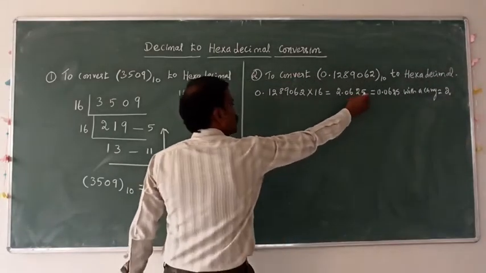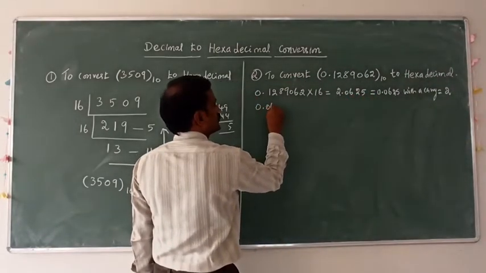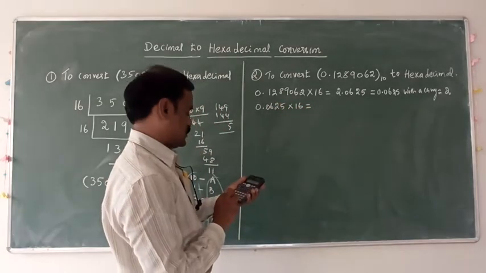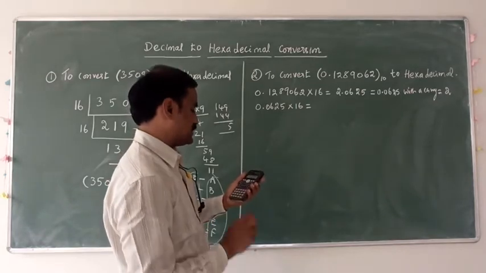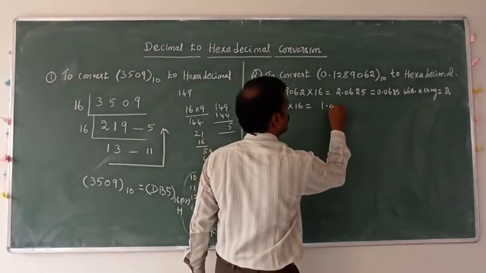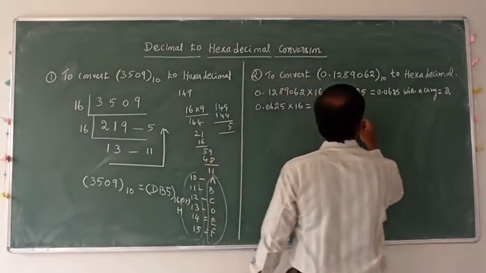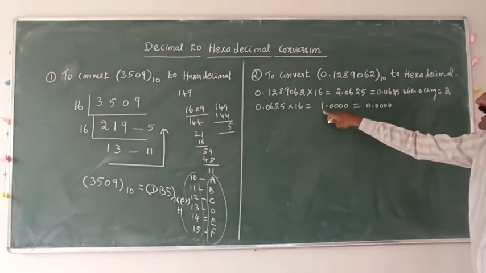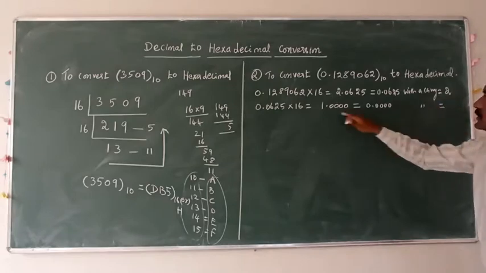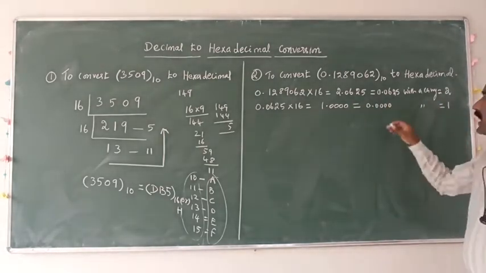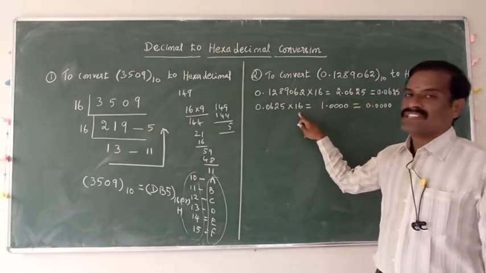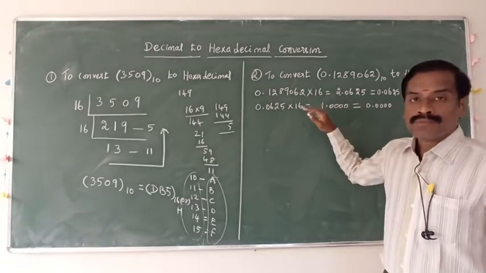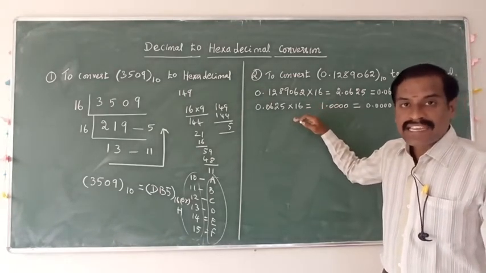Now multiply 0.0625 by 16. The result is 1.0000. We write 0000 without the carry, and the carry here is 1. Zero multiplied by anything gives 0, so we can stop the process here itself.